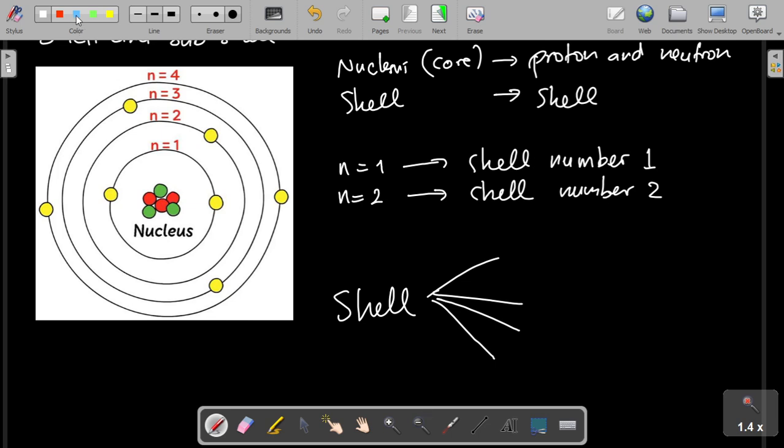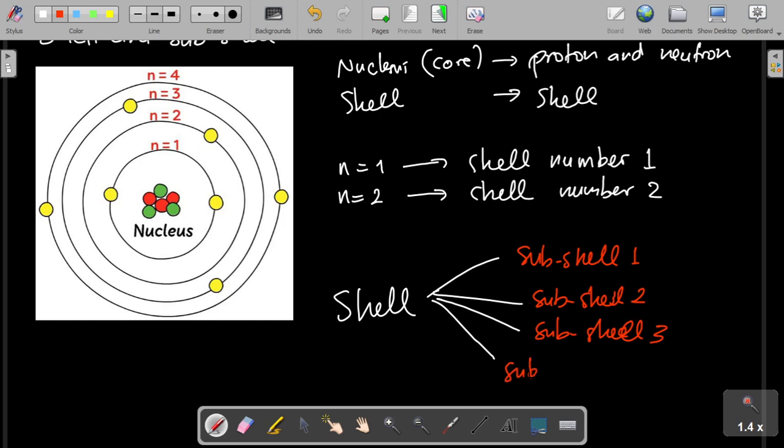This is subshell number 1, subshell number 2, subshell number 3, and the last, subshell number 4.